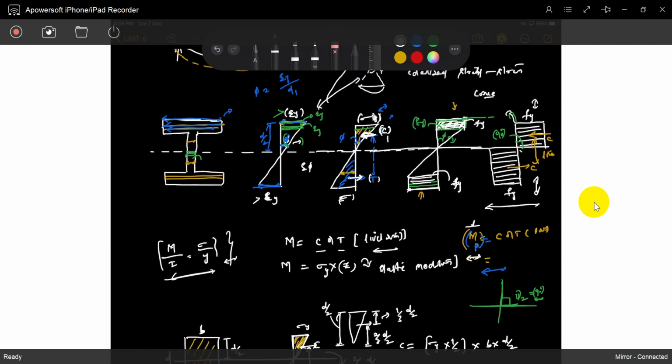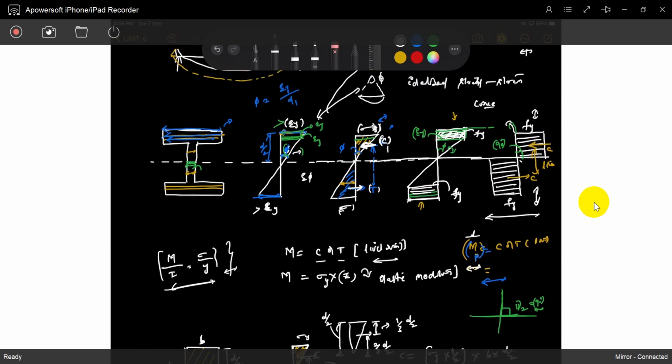Now you can observe that this tensile force and this compressive force should be equal. That maintains equilibrium. The stress is the same. What is C?